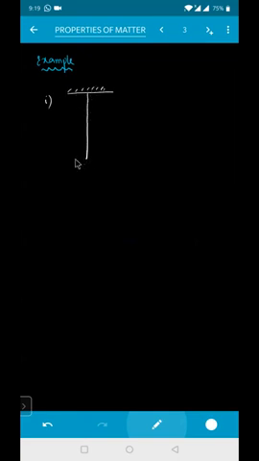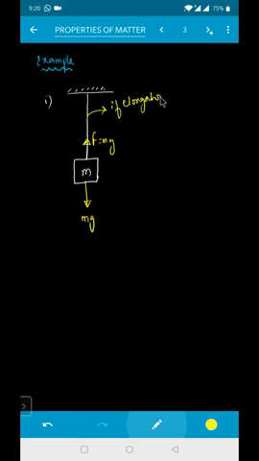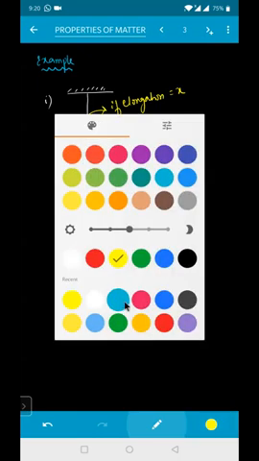A wire is attached to a block of mass M. The forces acting on this will be: one is the weight of the body, which acts in the downward direction, that is M into G. Another one is the force in the string, which will be equal to M into G. Due to this weight, if the elongation in the wire is equal to X, then work done can be written by the formula half into F, where F value is equal to mg, into X. Can I write like that? Yes, sir.